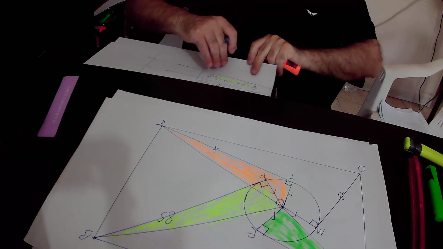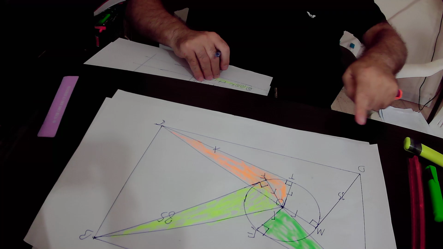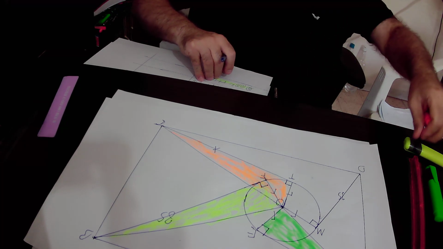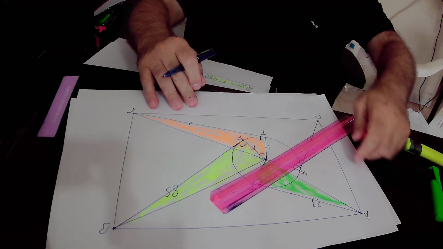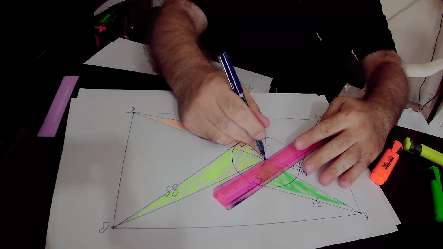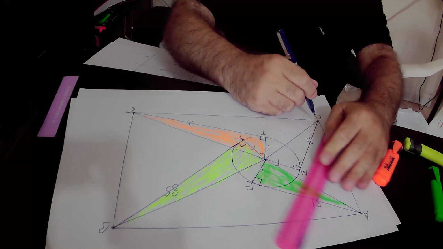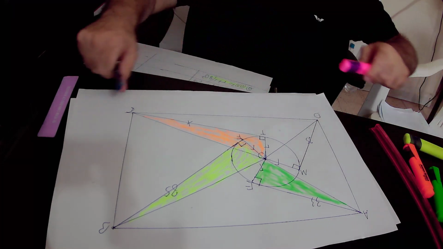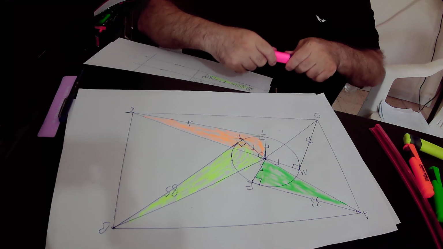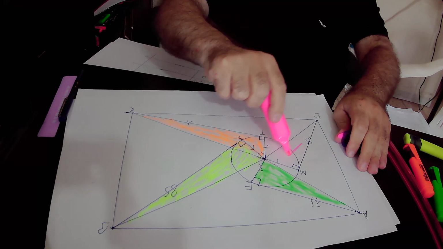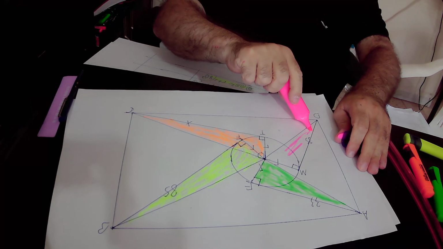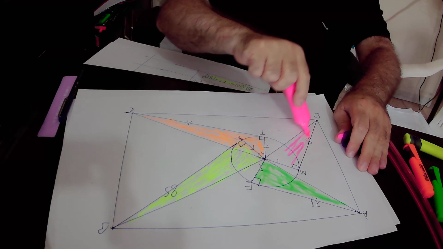And finally, we'll join points D and O together by a straight line, and we'll implement the Pythagoras theorem in the right pink triangle MOD.